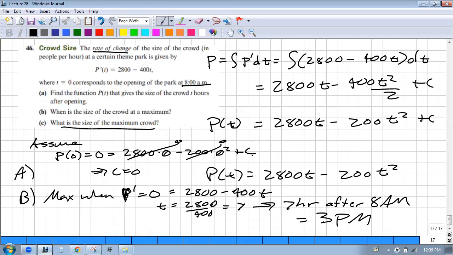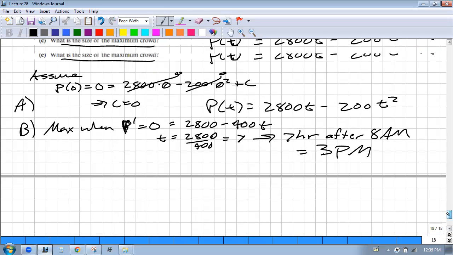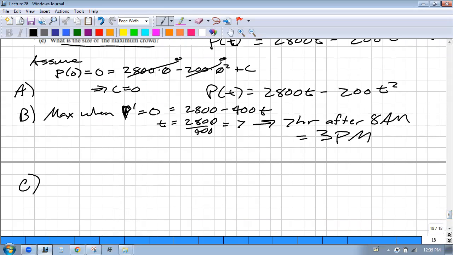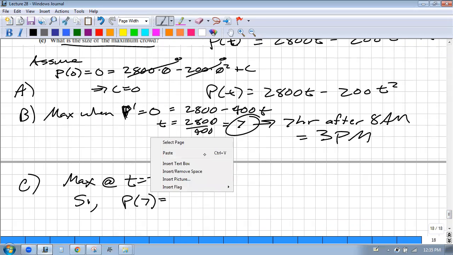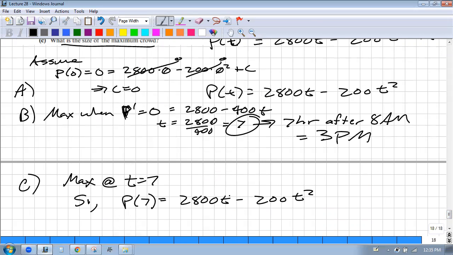What is the size of the maximum crowd? Well, the maximum crowd occurs at t equals 7. So the population at time 7, we replace t with 7.